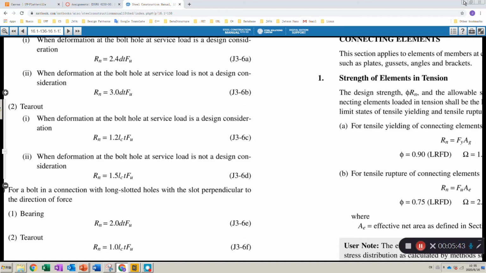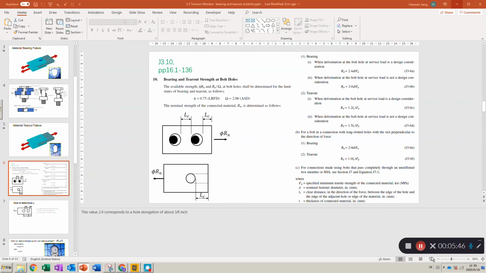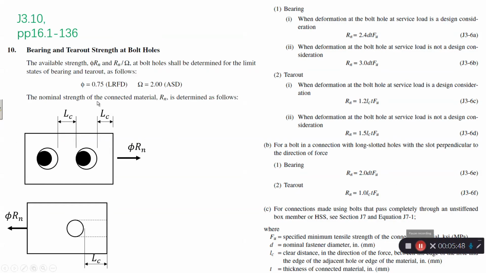Let's go back to the presentation. The phi is also equal to 0.75. Let's summarize it.